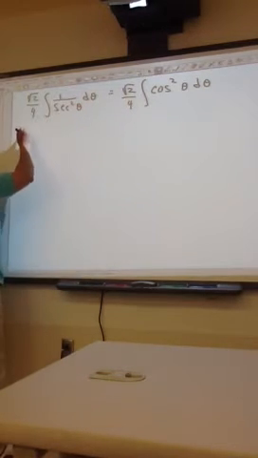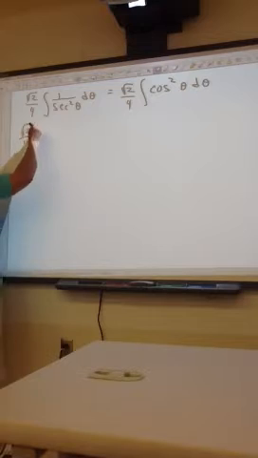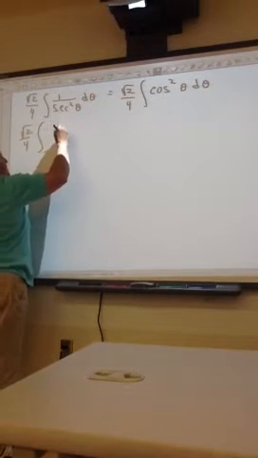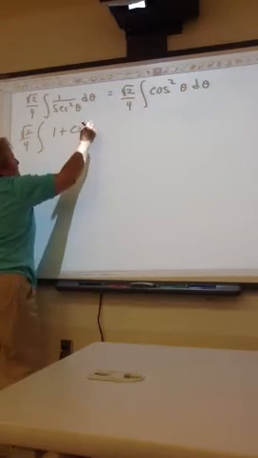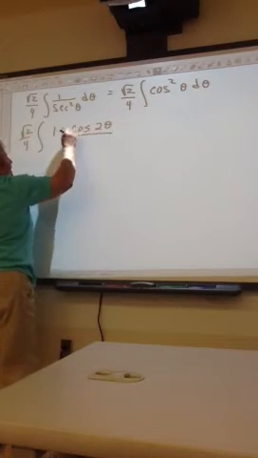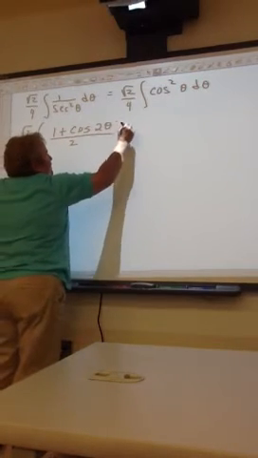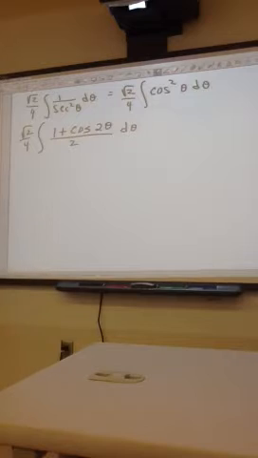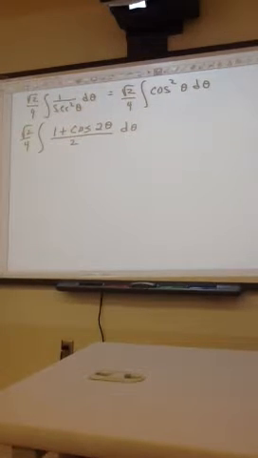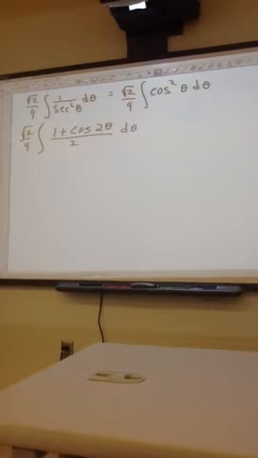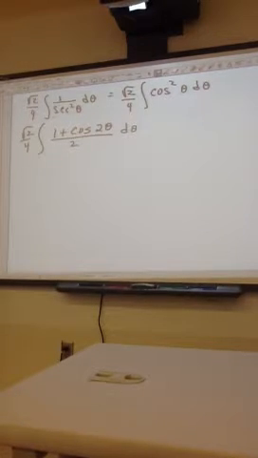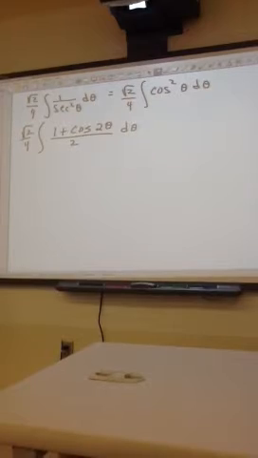So let me see, that's square root of 2 over 4. This is 1 plus cosine 2 theta all over 2 d theta. I think the one on the test was a sine squared. So that one's a 1 minus cosine 2 times the angle.